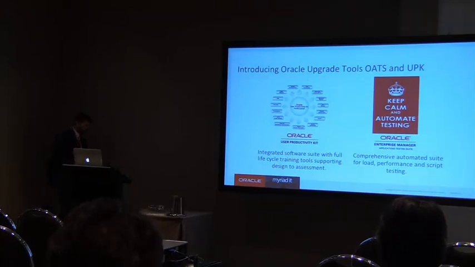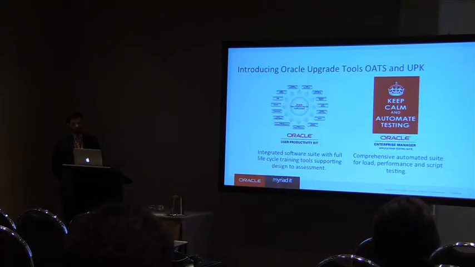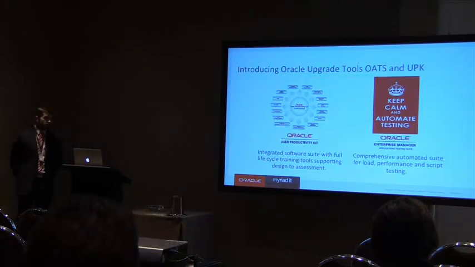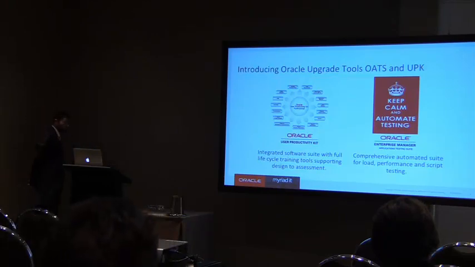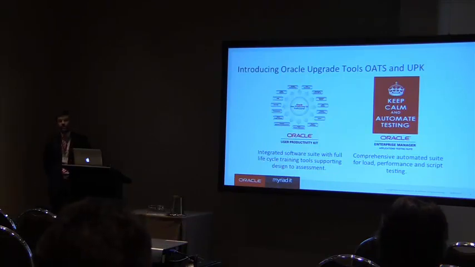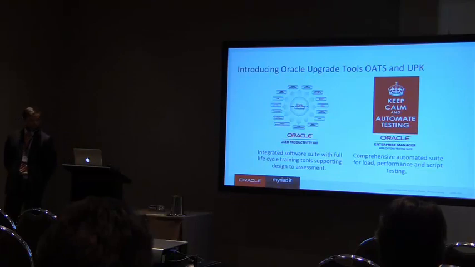UPK is software that allows you to rapidly create this training, testing, and documentation, and then disseminate that easily to your business and make it context sensitive to JD Edwards, and give your users the ability to reference that documentation from within the application. So that's an important additional piece of software that can help you with your upgrade process.